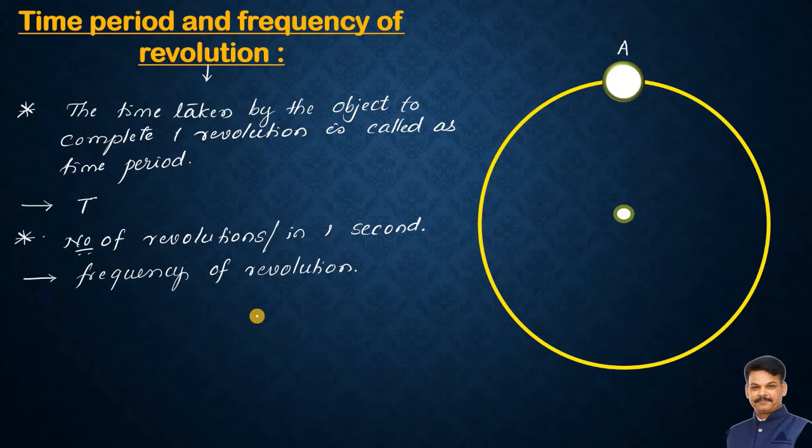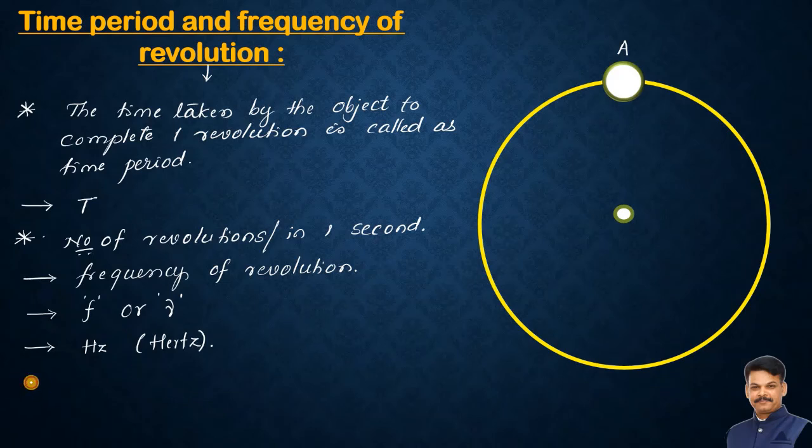The frequency of revolution is usually represented by f, that is small f, or there is one more symbol which is called nu. And the SI unit of the frequency, as you know, is Hertz.